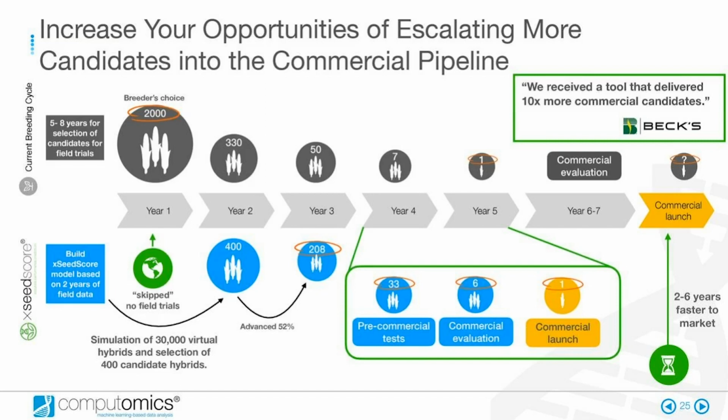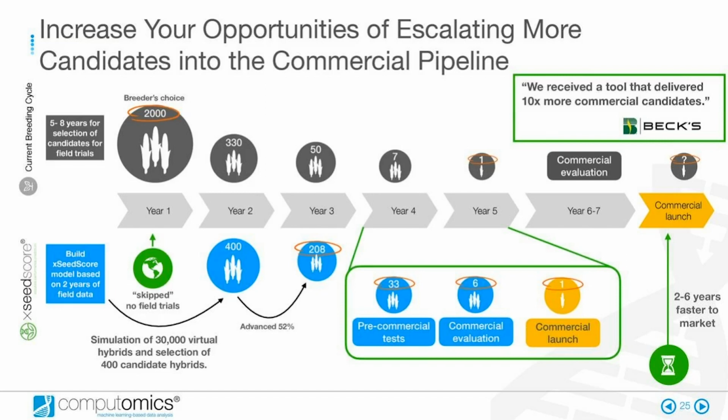An incredible 52% of those were advanced into the third year as they showed good performance on the field. And within just 2 years, 33 lines went into pre-commercial tests, 6 into commercial evaluation, and 1 was launched commercially. This was only possible by advancing both sides at once and by doing large-scale hybrid simulations.